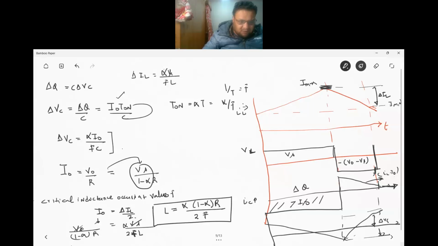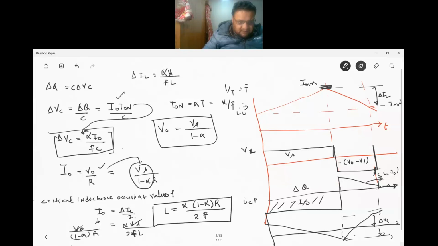So T on you replace here by alpha by F. So delta Vc would be equal to alpha I naught by F C. I naught would be equal to V naught by R, which is nothing but Vs by (1 minus alpha) R, which we saw. V naught is equal to Vs by (1 minus alpha), right? We saw that in this case, the boost converter case. So this would be equal to this.